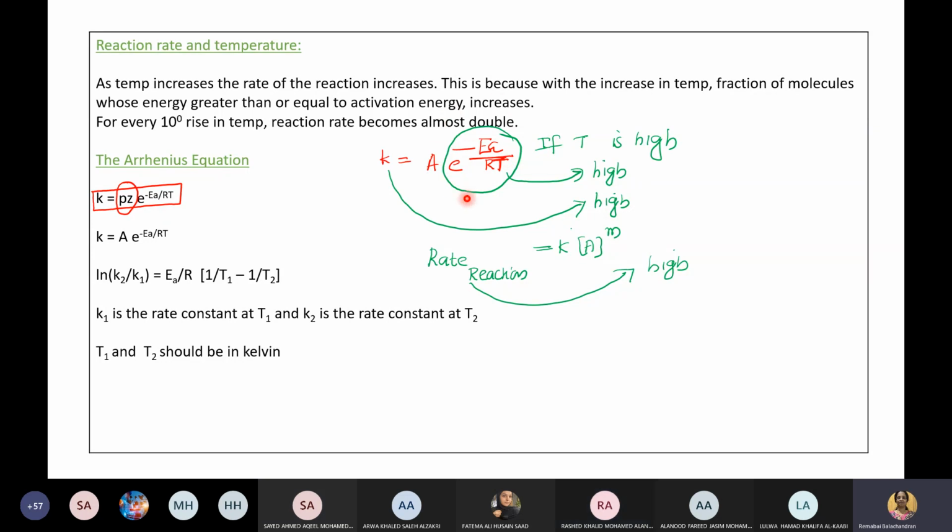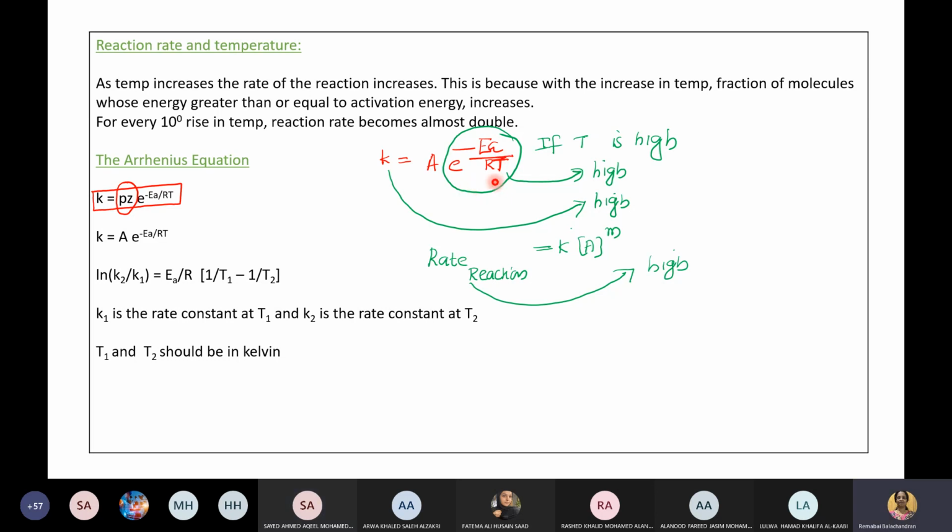This represents the number of molecules, not the energy. Suppose the activation energy is 90; the number of molecules whose energy is greater than or equal to 90. If it is 90, you get an A grade. If it is more than 90, you also get an A grade. Is it clear now?